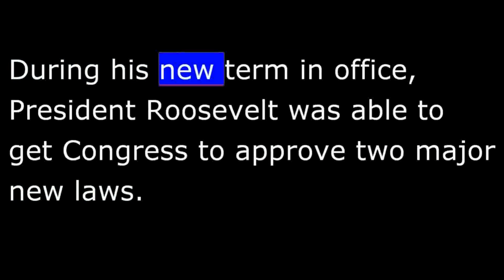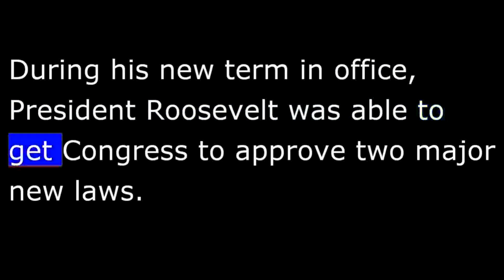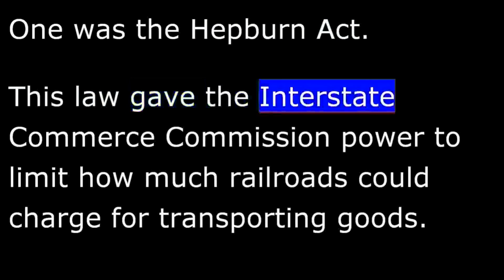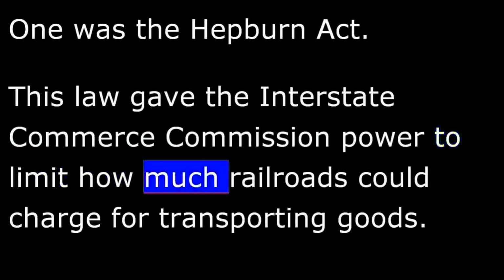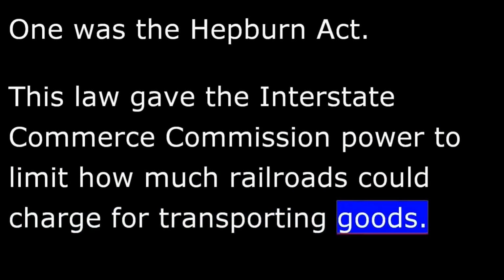During his new term in office, President Roosevelt was able to get Congress to approve two major new laws. One was the Hepburn Act. This law gave the Interstate Commerce Commission power to limit how much railroads could charge for transporting goods.